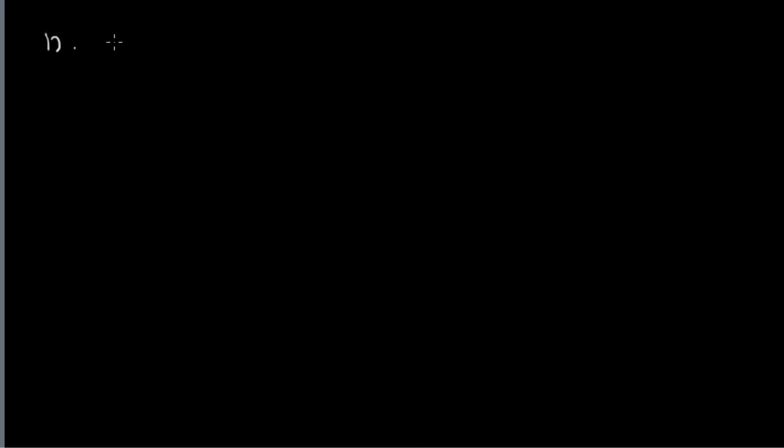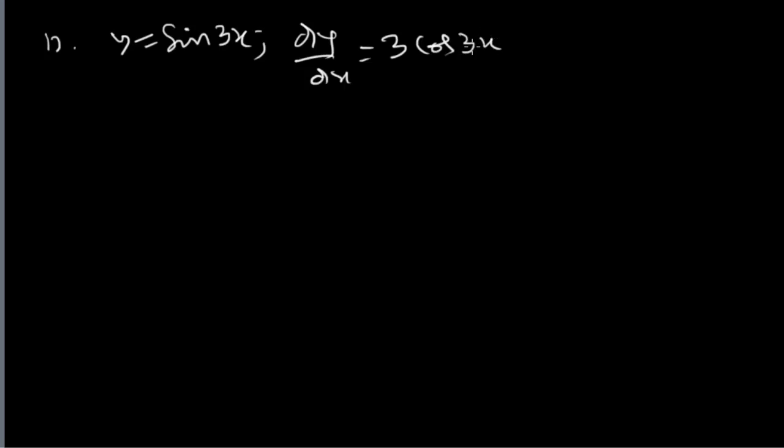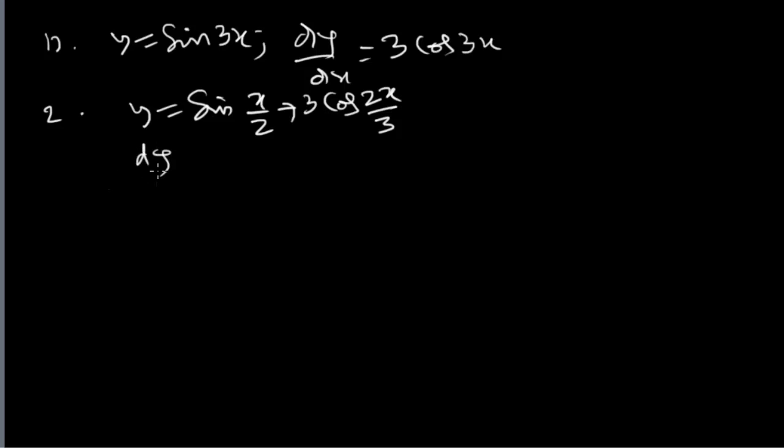Number 1, y is equal to sin 3x. dy by dx, the answer you can write directly: 3 cos 3x. Here a is what? 3. Next, y is equal to sin x by 2 plus 3 cos 2x by 3. dy by dx is equal to, here a is what?